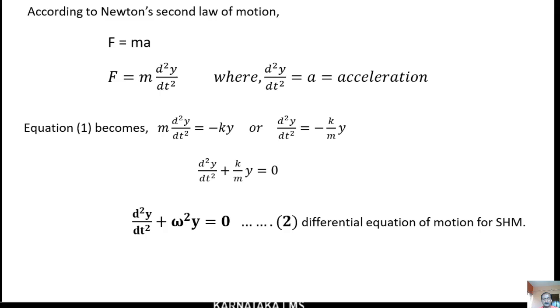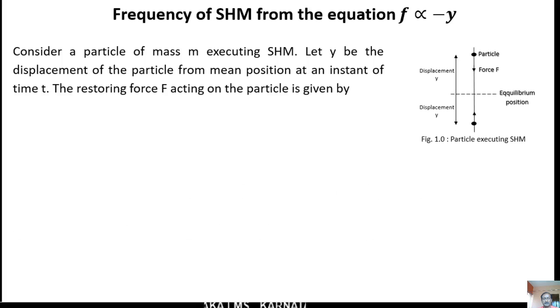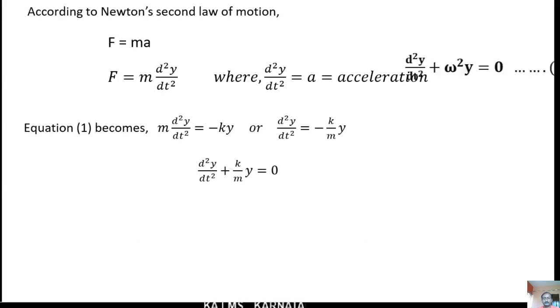Here in this diagram, this is the extreme point, and in the downward direction, this is the extreme point. At these two extreme points, the velocity will be 0. Displacement is maximum, shown marked here, in the downward direction also, but the velocity of the particle at both these points will be 0.